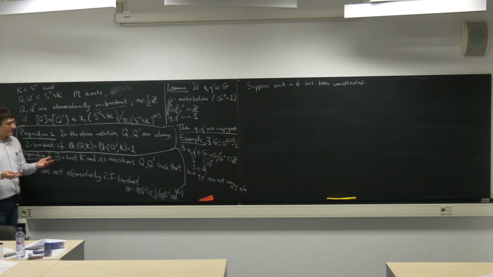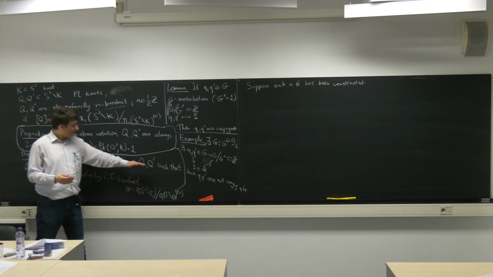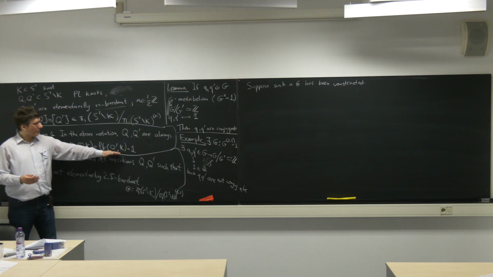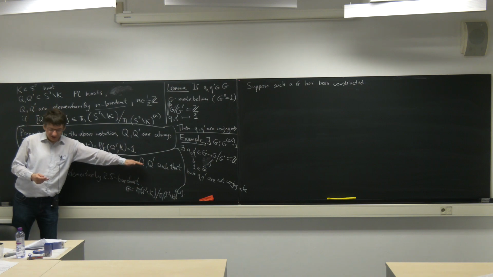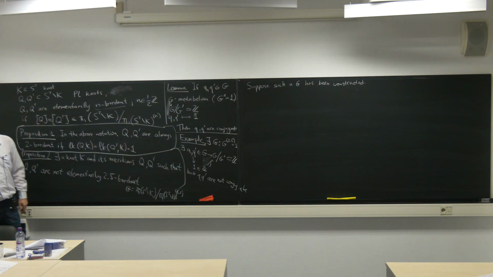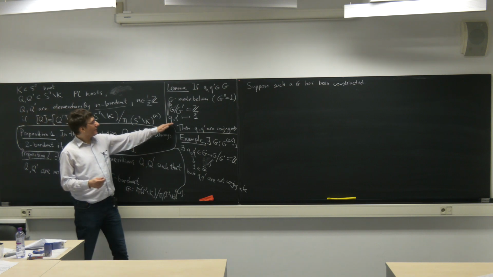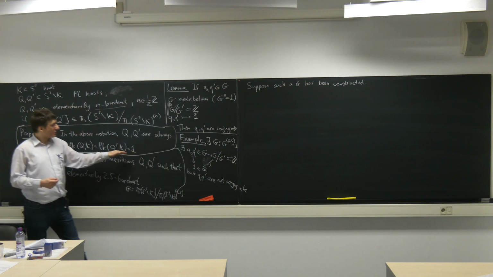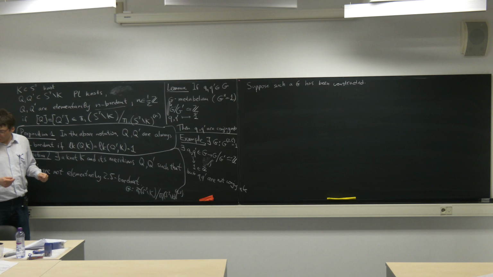And then if we have meridians, if Q and Q prime are meridians, then they have linking number 1 with K, or maybe -1, but we can fix orientation so that it is 1. And if the linking number is 1, then this goes to 1 because the linking number is a class in one-dimensional homology.